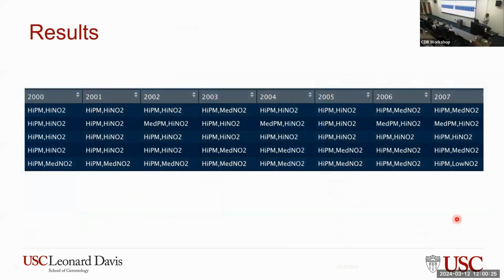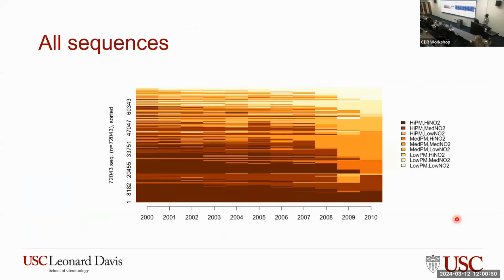Each row is a participant or census tract, depending on whatever your unit of observation is. And I've got 2000 to 2007. We're going to 2010, right? I've given you a snapshot so you can see the top person here starting with high PM, high NO2. And then in 2003, they have less NO2 exposure, then it goes back up. So you've got this for everyone in your data set. I'm looking at 6,750 people in my data set.